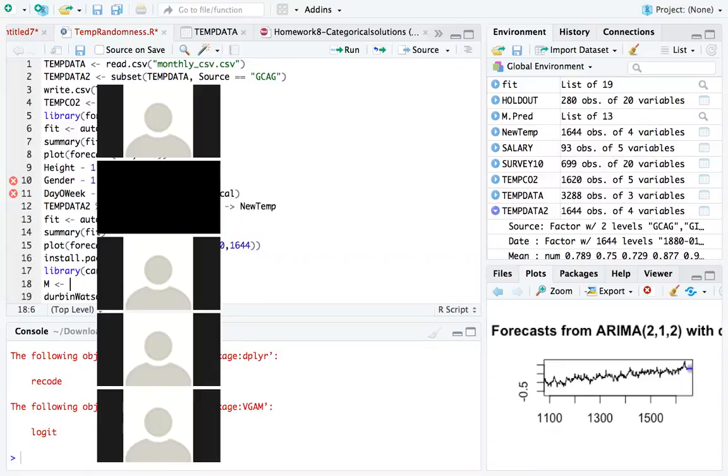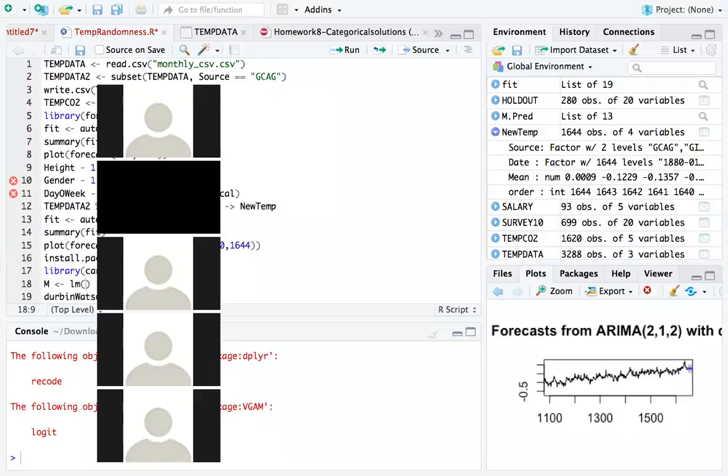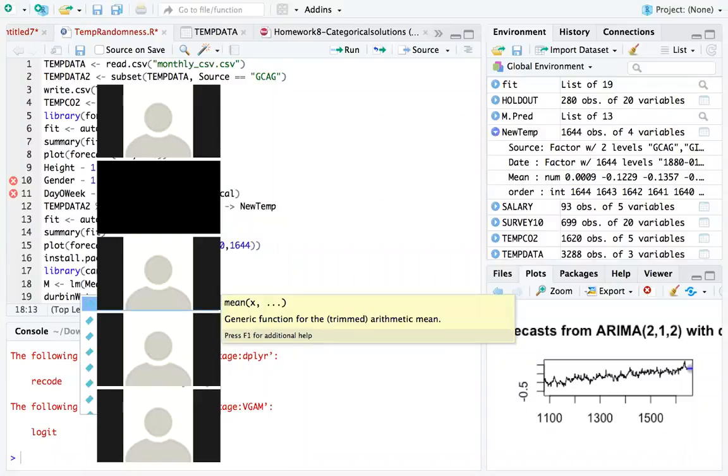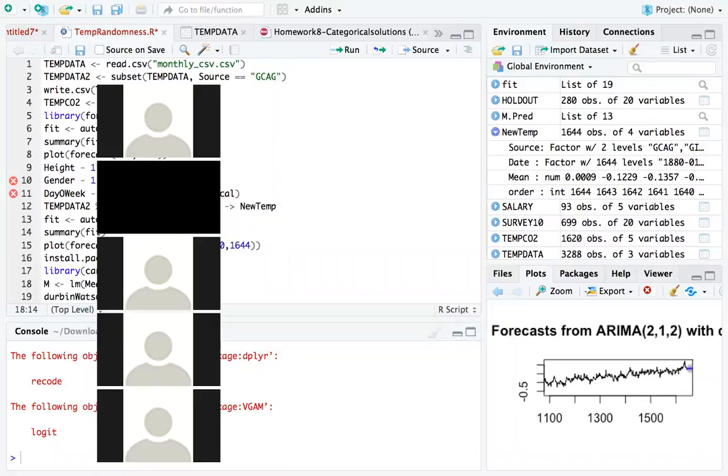So let me make the linear model right here. And let's do temp data. I'm going to do new temp data. Okay, let's predict the mean right here. So we're just looking at a little bit of time series right now, and we're predicting the mean of the temperature change.